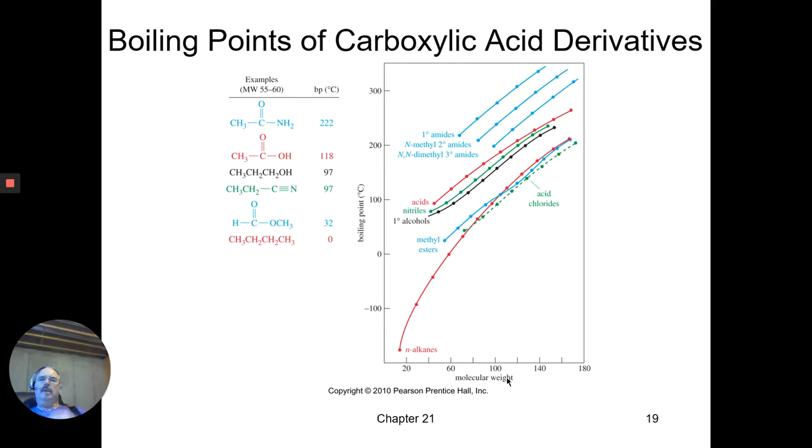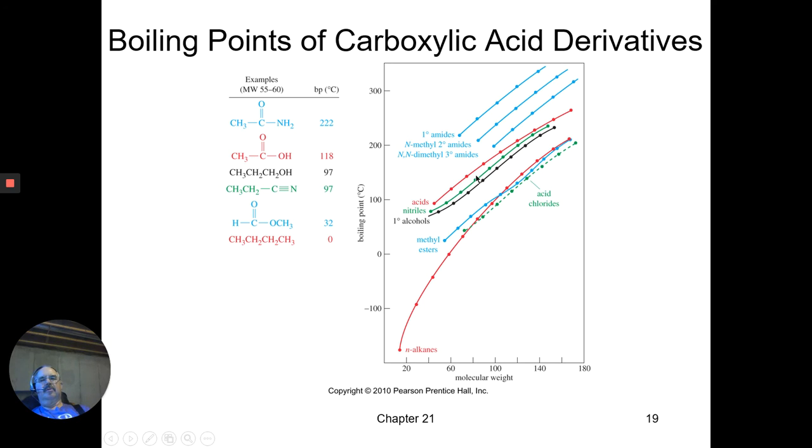All right, let's look at boiling points of carboxylic acid derivatives. And then just for comparison, normal alkanes are included. Okay, so acid chlorides are the most volatile. Okay, and then alcohols are also included here for comparison.